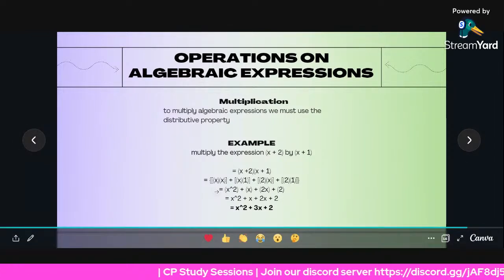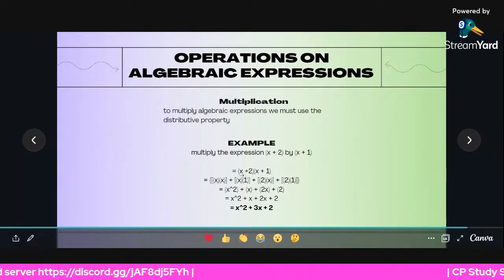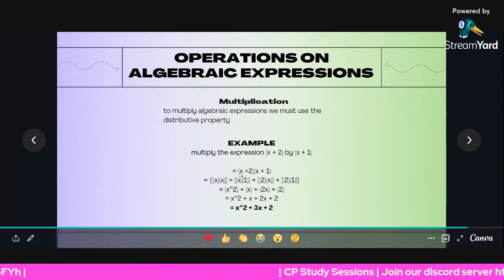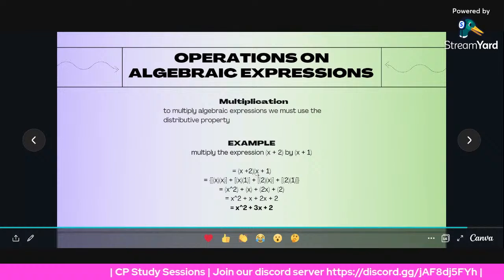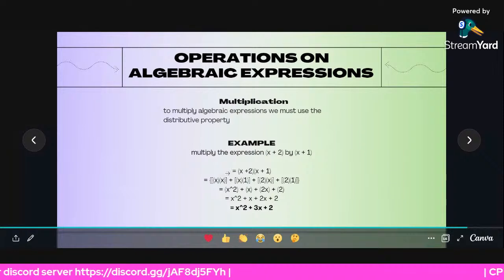So, proceed tayo sa FOIL method. FOIL. So, unahin muna natin is yung F, which is yung first term. So, ang first term ng dalawang expression mo is x and x. So, yun ang pagmumultiply mo sa F. So, next mo is O, which is the outer terms.